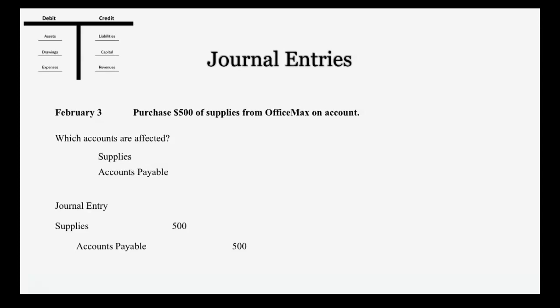We cannot debit supplies for $200 and credit accounts payable for $500 and call it a day. Now, when we're working with journal entries that have 3 or more accounts in a single entry, then the sum of the debits must equal the sum of the credits. But just remember that your debits and credits need to equal in every single journal entry.